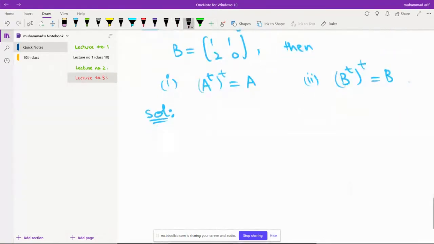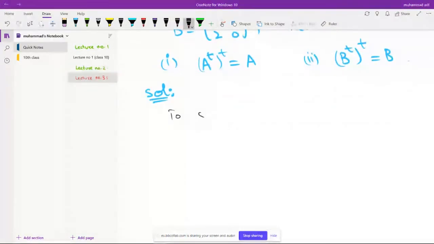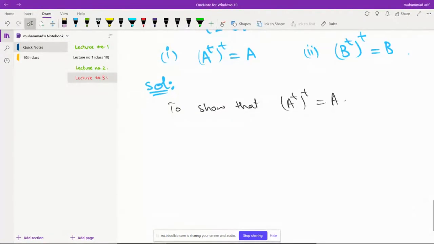Here we are to show that A transpose whole transpose is equal to A. First of all, we write matrix A, which is equal to [1, 2; 0, 1].